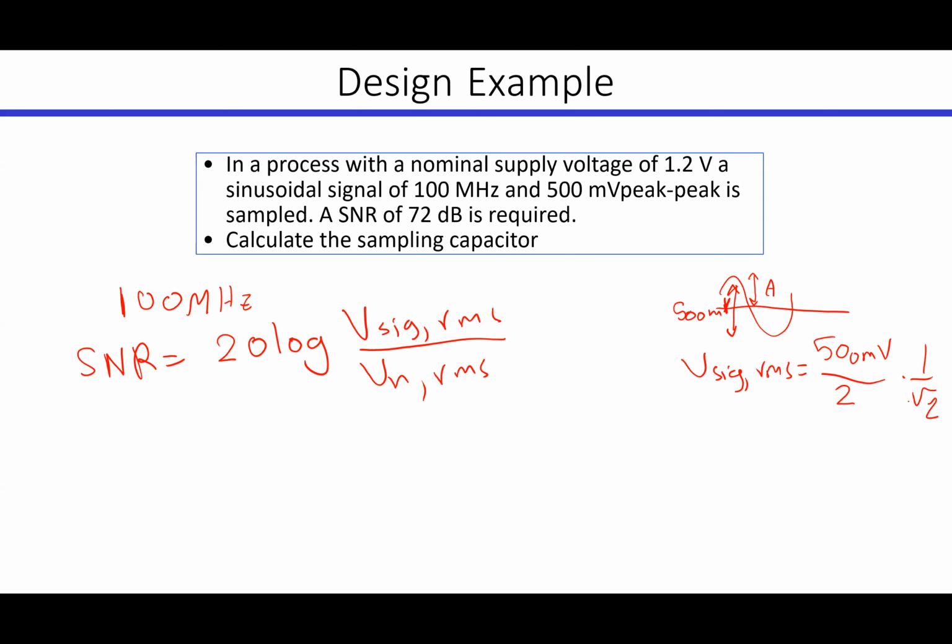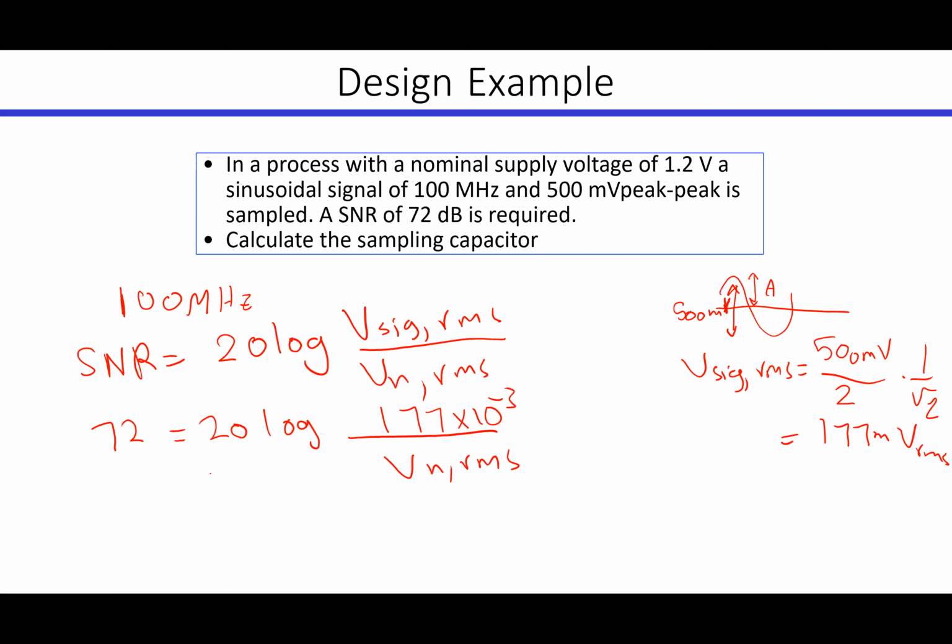Now, SNR, I want it to be 72 dB. This is a 20 log. So what does this value come out to be? 177 millivolt RMS. So this is 177 times 10 to the power minus 3 V RMS divided by V noise RMS. I divide by 20 on both sides and take 10 to the power of 72 divided by 20, which is 3.6.